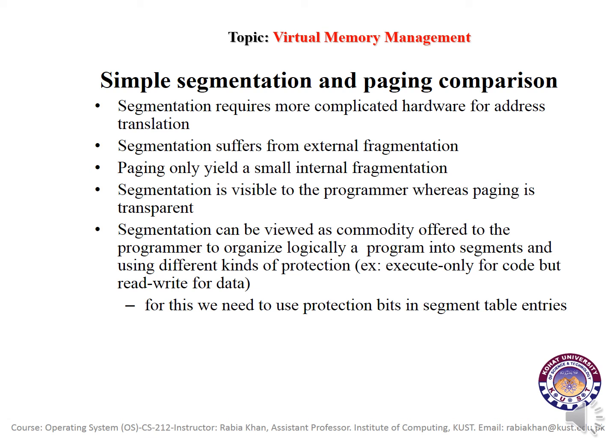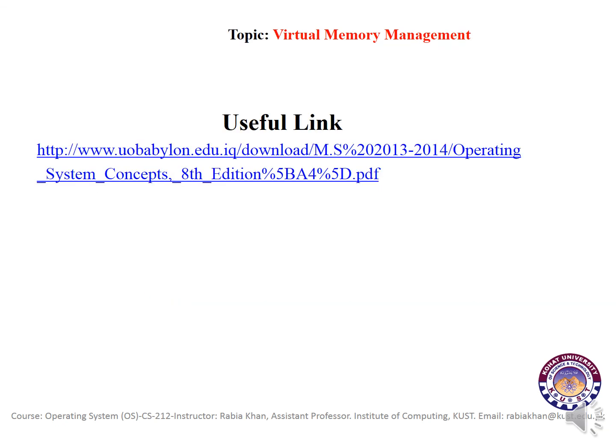So this is all the comparison that we make between the two. Here we come to the end of chapter 7, that is virtual memory management. In this chapter, we discussed two techniques for organizing user processes in memory.